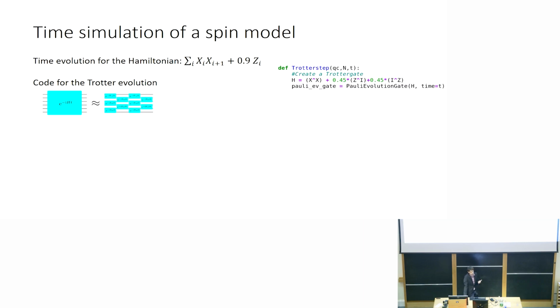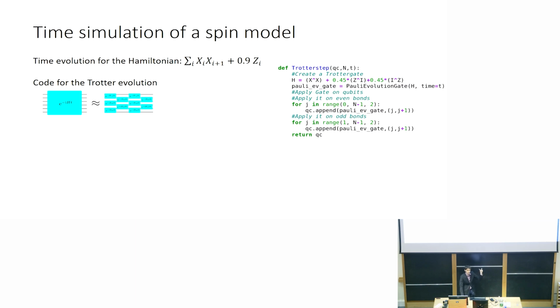So you create your Hamiltonian with one line, or the 2-qubit Hamiltonian, and then this automatically creates you this 2-qubit evolution gate. And when you want to multiply it multiple times, you basically add a few lines of code which apply your gate either to the even bonds, which are the first 2 lines, or to the odd bonds, and that's basically it.